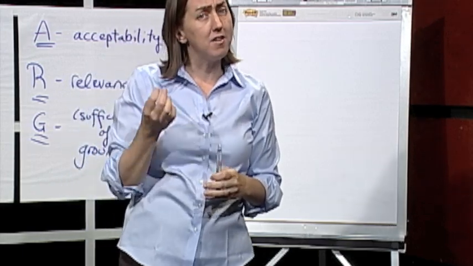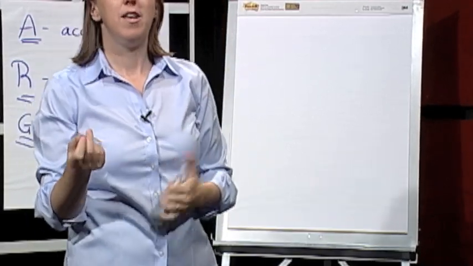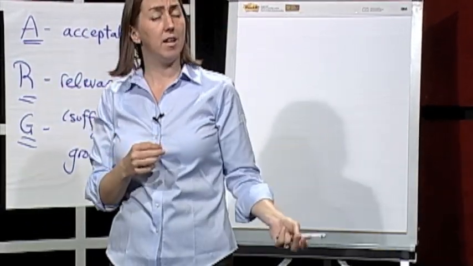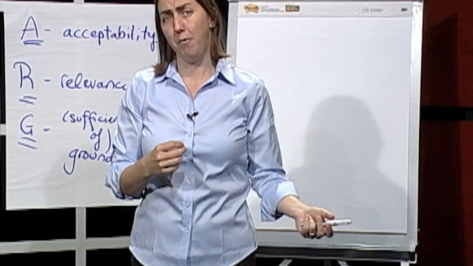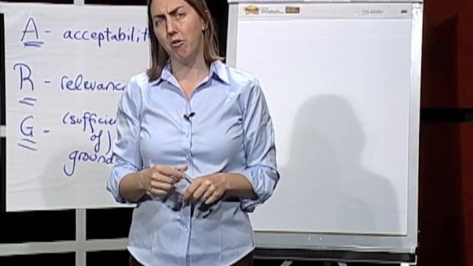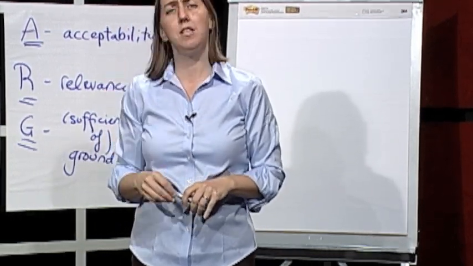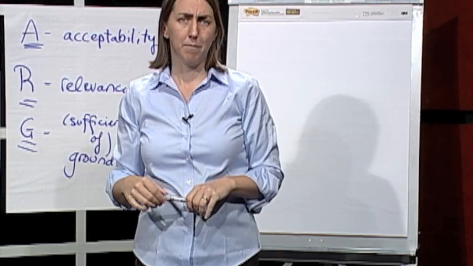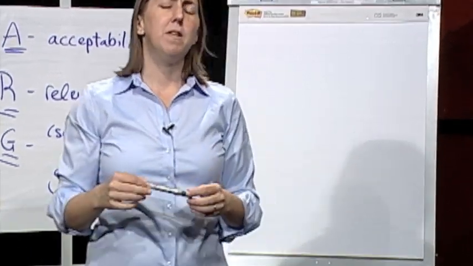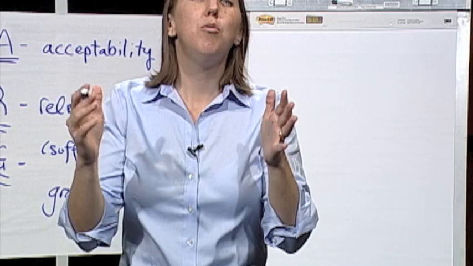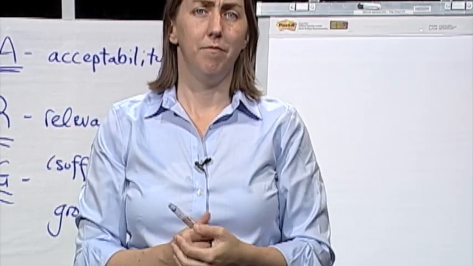Remember, every premise is an assertion. It's a claim. You may have had to paraphrase it. You may have taken a rhetorical question, for example, and reframed it as a statement or as an assertion. But by the time you're dealing with a premise, you know you're dealing with a claim. In short, acceptability asks this question: do you accept this claim?